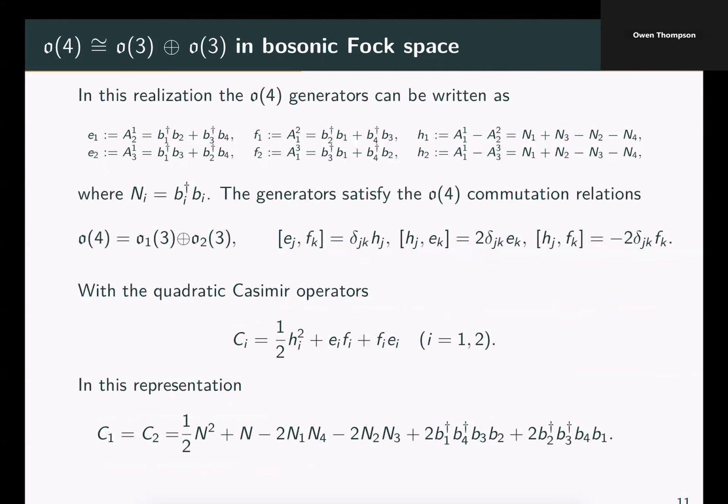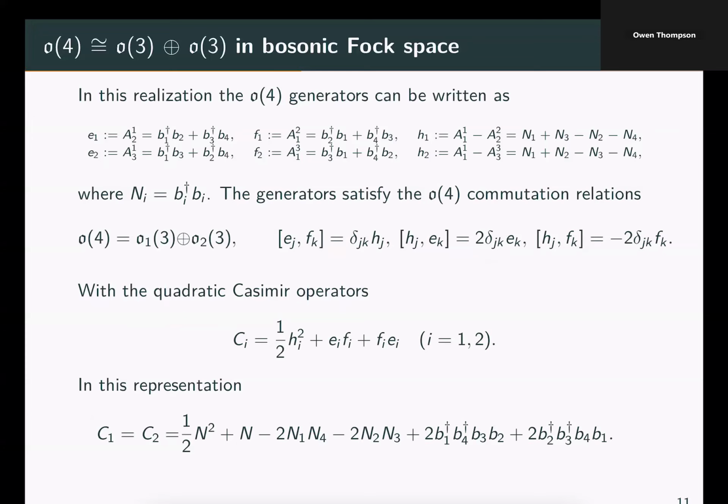Okay. So in this realization, we can write our generators of the O4 algebra out like this. This N_i operator is just the number operator on a site, so it'll tell you how many bosons there are on that site. And the generators satisfy the standard O4 commutation relation.